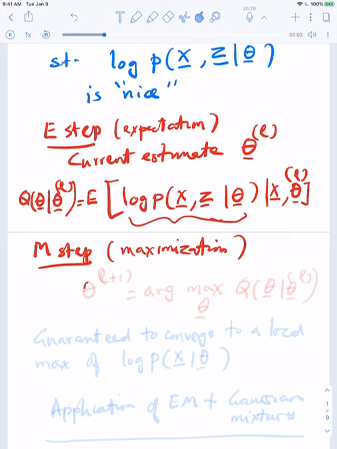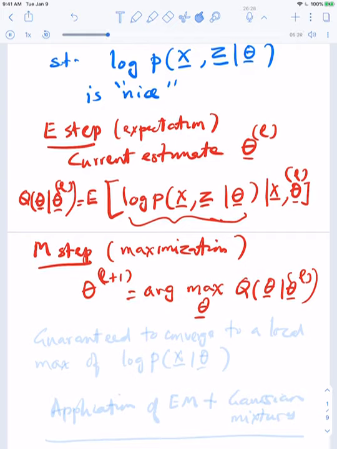So we just can maximize over it, and this is basically arg max over theta of this Q of theta given theta L. And then we go back to the E step, right? And that's the entirety of the EM algorithm.